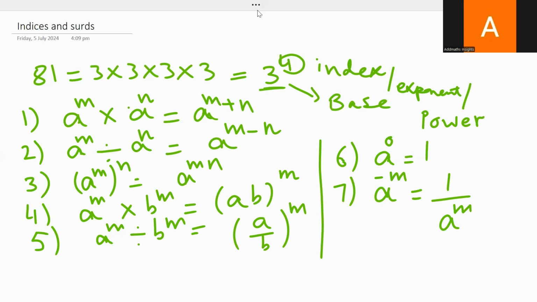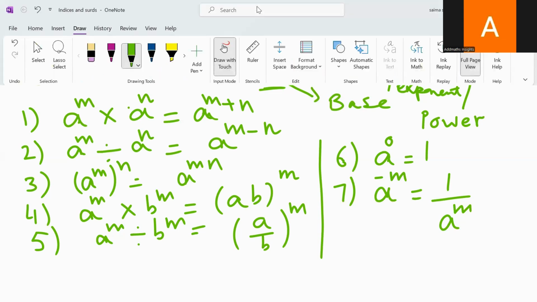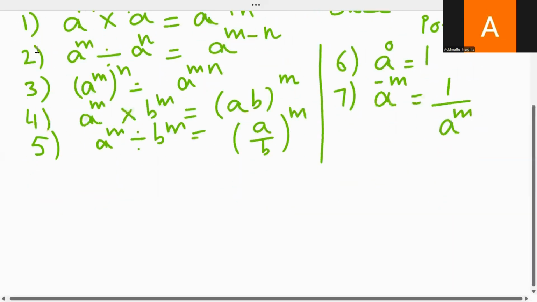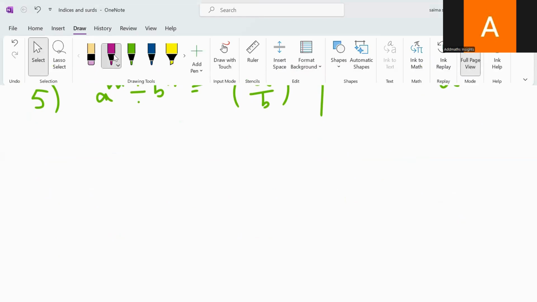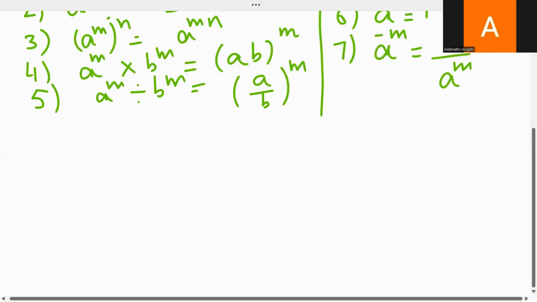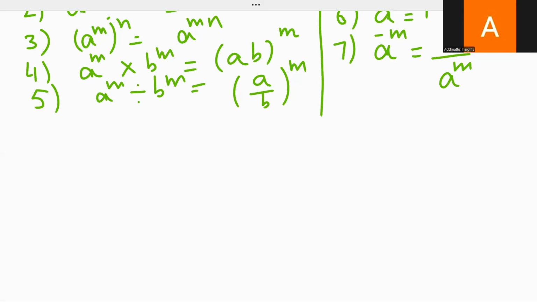So I will give you a few examples. Okay, how can you apply these laws? I will take some questions from your book. We start from a simple one.